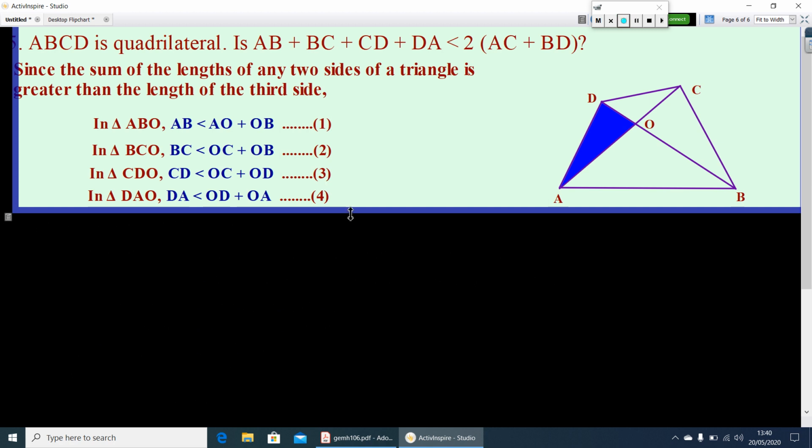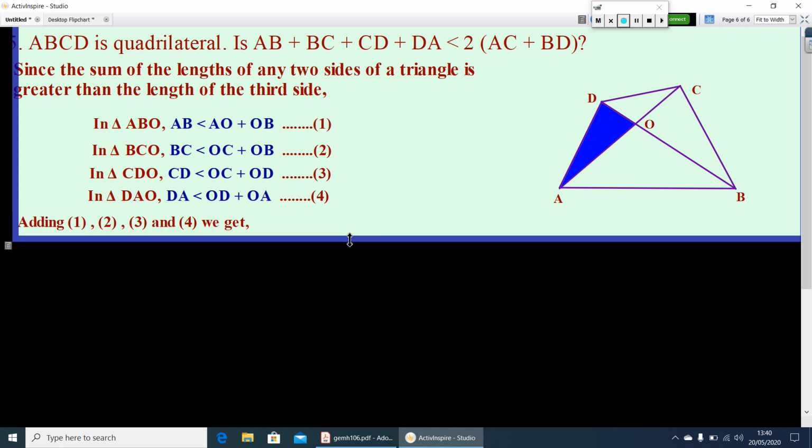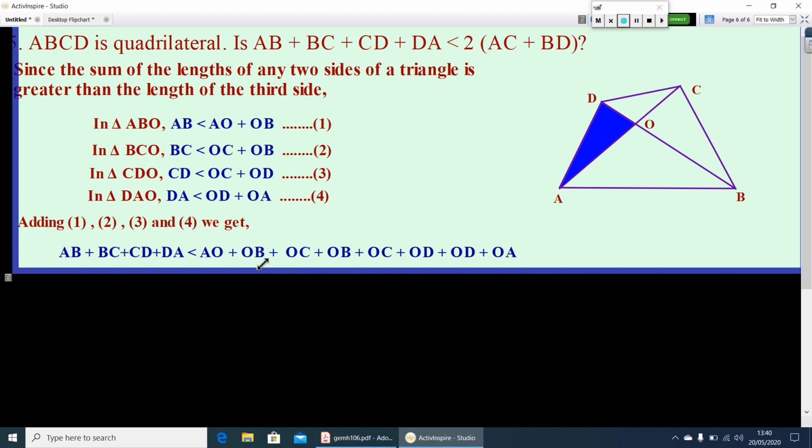Now as in the previous case, add all these equations. Adding 1, 2, 3 and 4 we get: you add LHS, that is AB plus BC plus CD plus DA, less than, add AO plus OB plus OC plus OB plus OC plus OD plus OD plus OA.